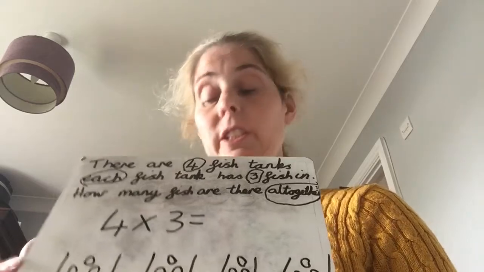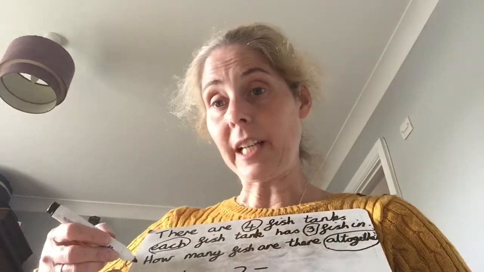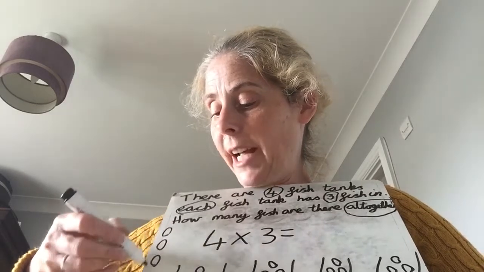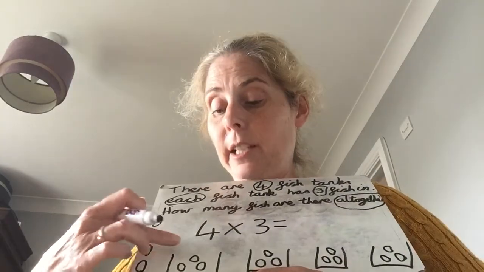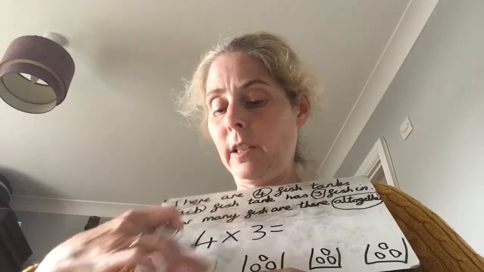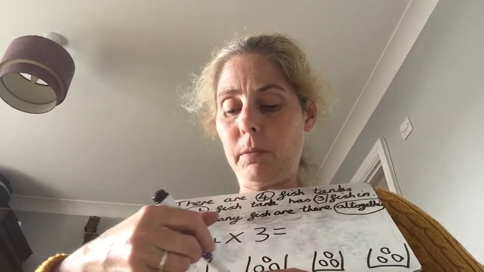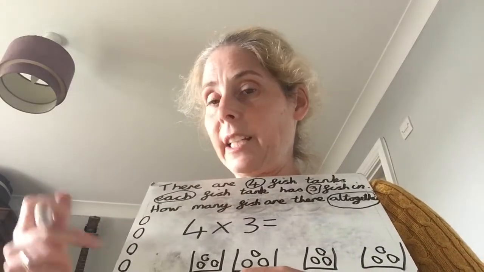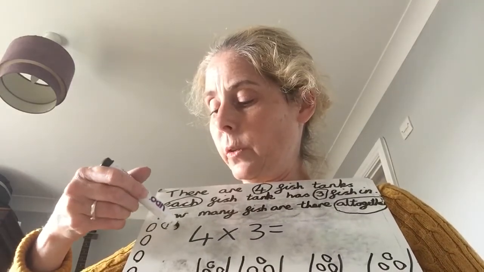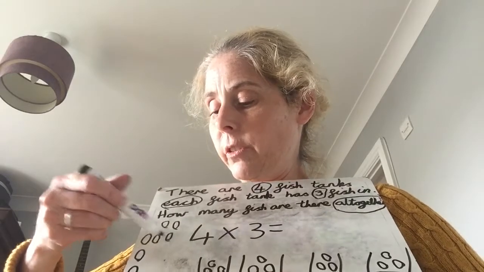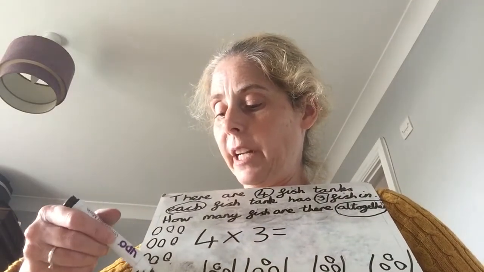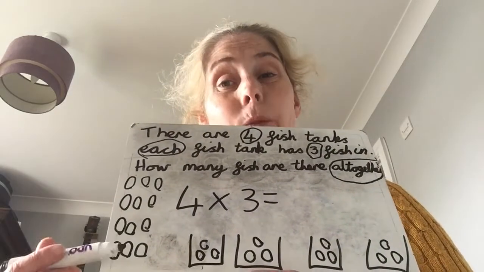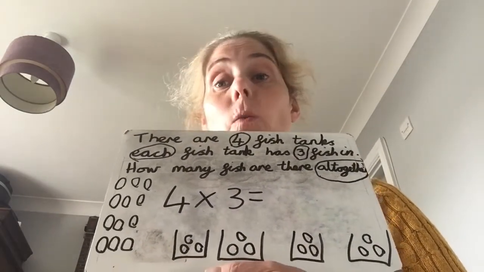Okay, if you wanted to do it that way, you could have said at the beginning, okay, I have 4 fish tanks. Okay, that's your 4 fish tanks. I'm just going to move this one along a bit so it makes it a bit easier to show you. Okay, so I've got 4 fish tanks and each one has 1, 2, 3, 1, 2, 3, 1, 2, 3, 1, 2, 3 fish in. Okay, and that would show you exactly the same as this picture one.